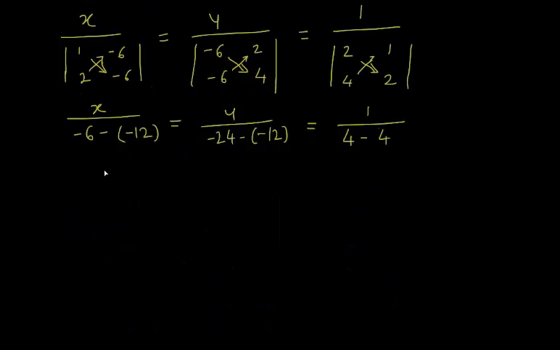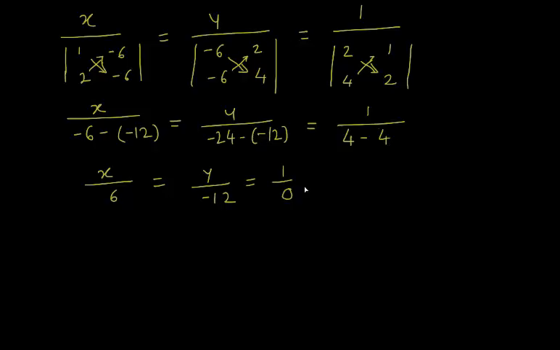Now let's solve this. So we'll get x upon minus 6 plus 12 will be 6, is equal to y upon minus 24 plus 12 will be minus 12, is equal to 1 upon 4 minus 4 is 0.